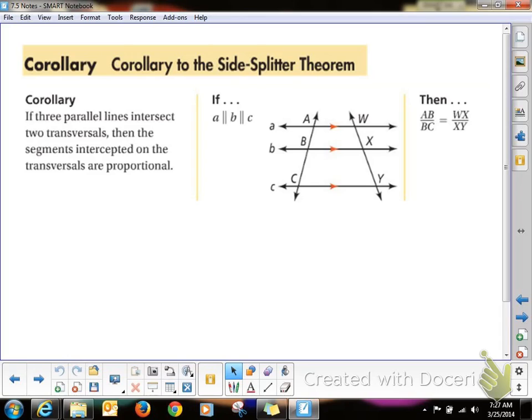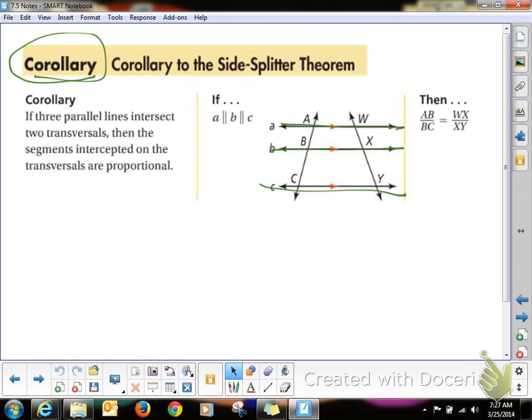So the corollary, remember, a corollary is something that you can easily prove. It's an add-on here to the side splitter theorem. If 3 parallel lines intersect 2 transversals, then the segments intercepted on the transversals are proportional. This isn't just true of 3 parallel lines, though. This is true of an infinite amount of parallel lines and an infinite amount of transversals, but the idea here is the same.